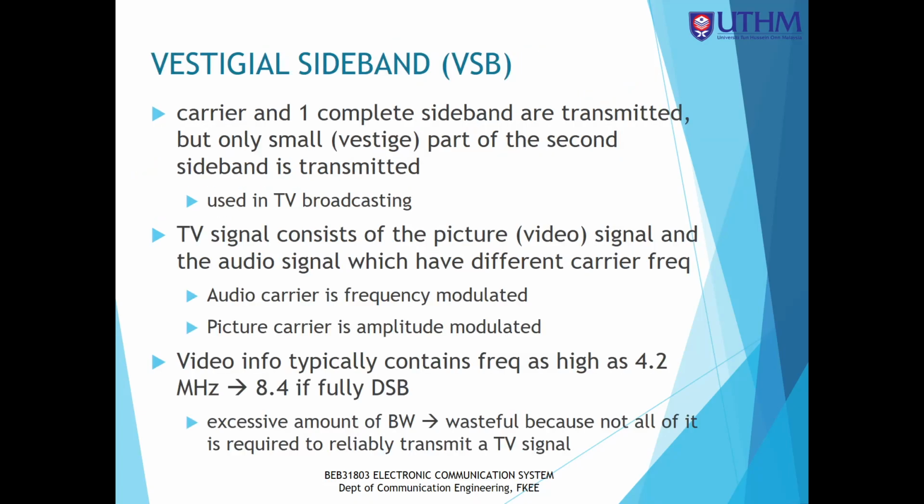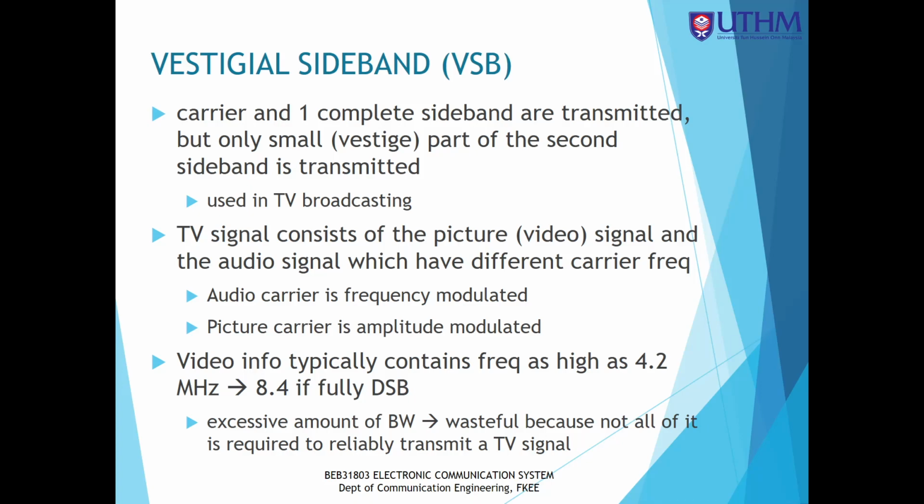And then vestigial sideband. Vestigial sideband is used for TV broadcasting. TV broadcasting consists of audio and video signals, where the video signal requires more bandwidth compared to the audio signal.